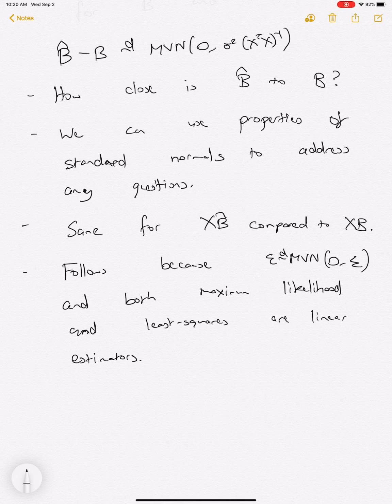So any linear estimator is going to stay multivariate normal, and so this allows us to draw these pretty powerful conclusions in the setting where things are multivariate normal.